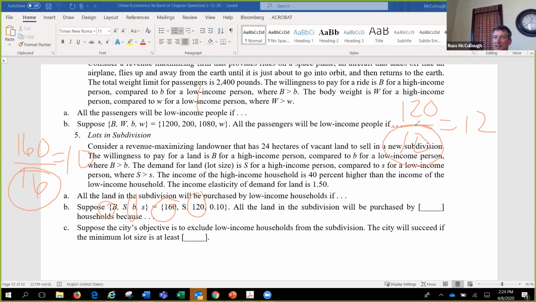Okay, so we got the per hectare. Is that what you're getting at? So it was a tenth. Willingness to pay per hectare.